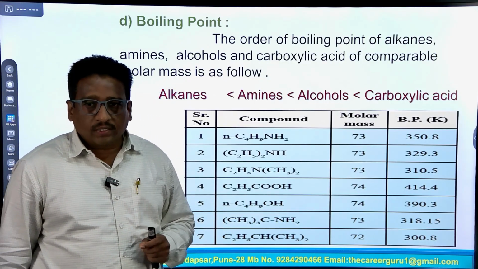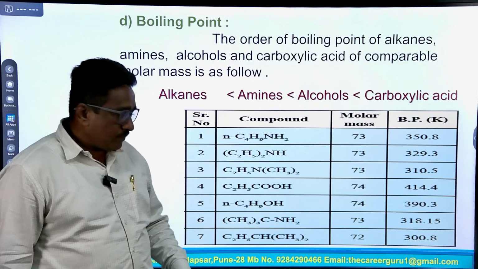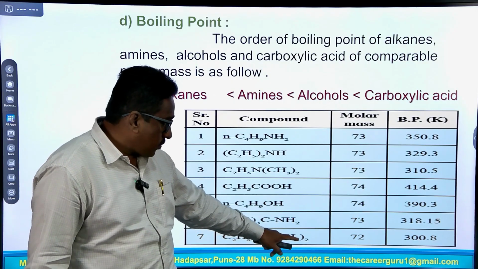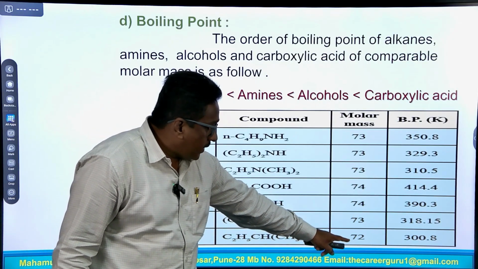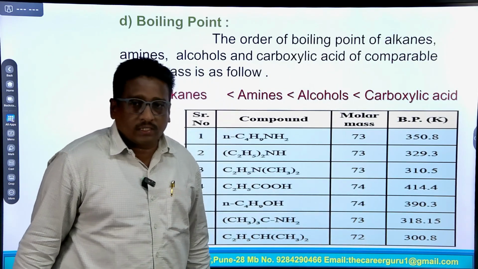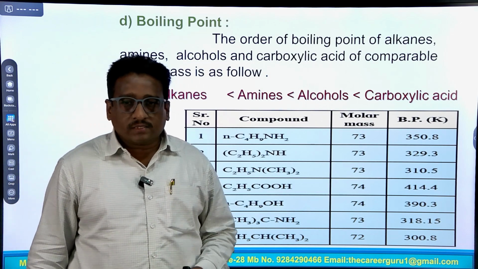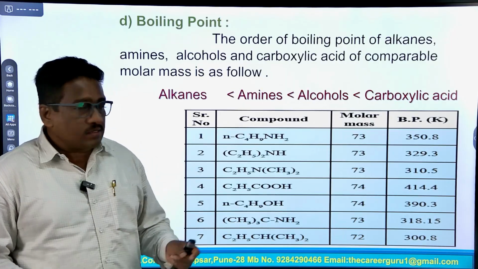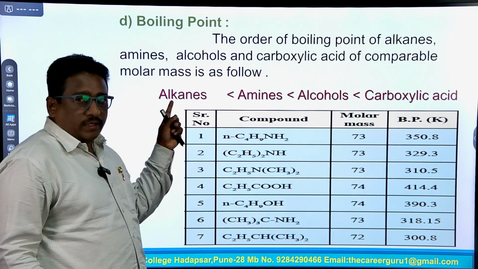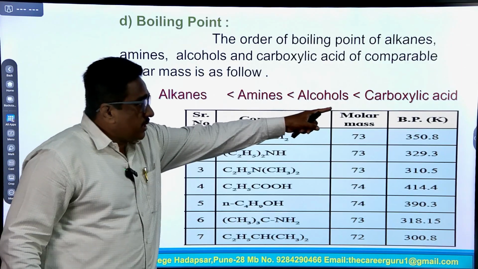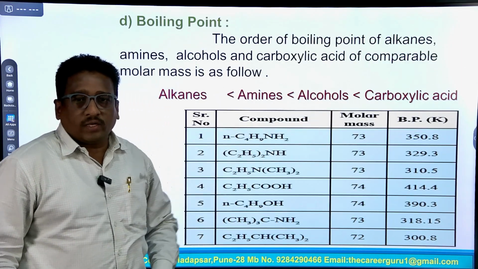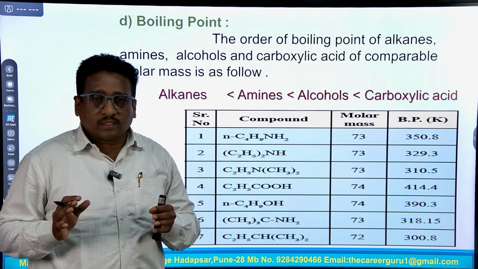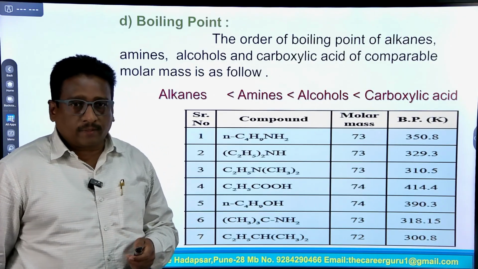The lowest boiling point is C2H5CH(CH3)2, molar mass 72, with boiling point 300.8 degrees Celsius. This is the example of alkane. So alkane has the lowest boiling point and carboxylic acid the highest, due to the molar mass and intermolecular hydrogen bonding.